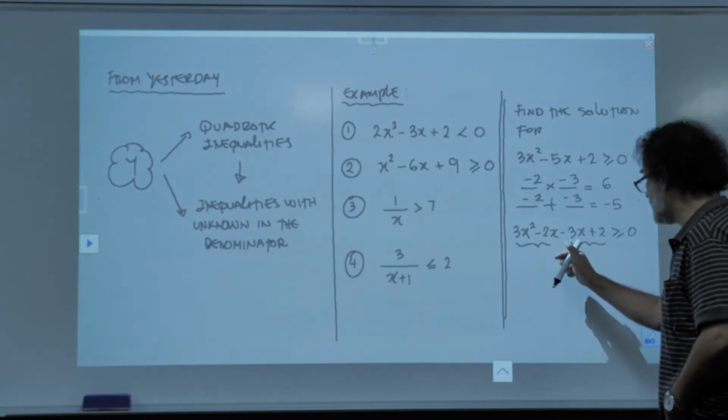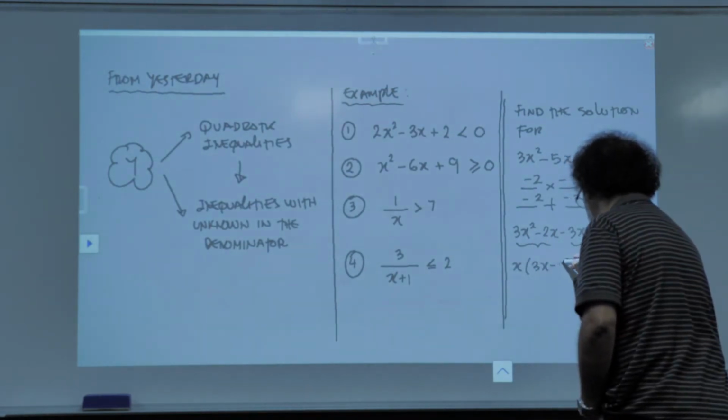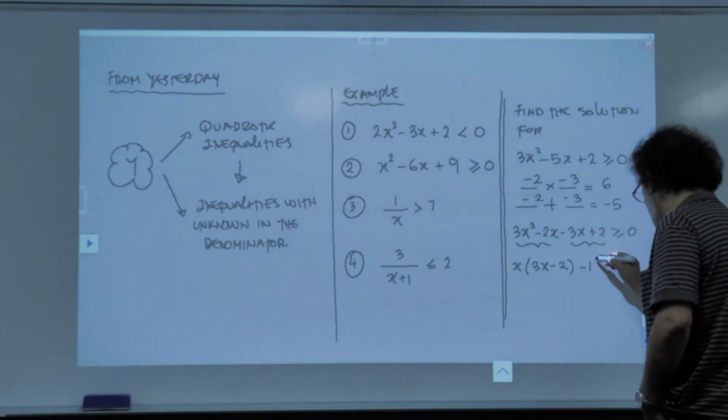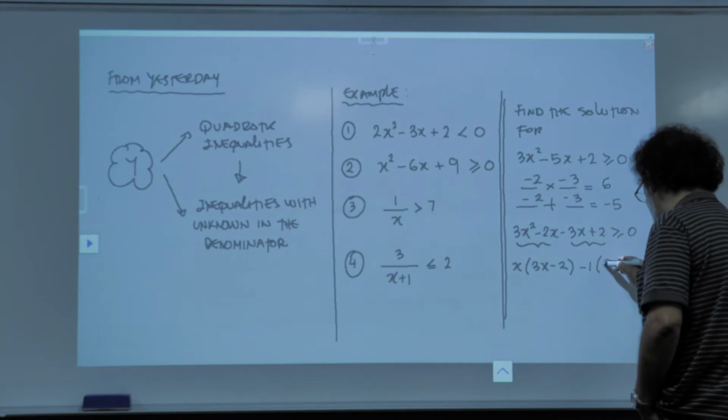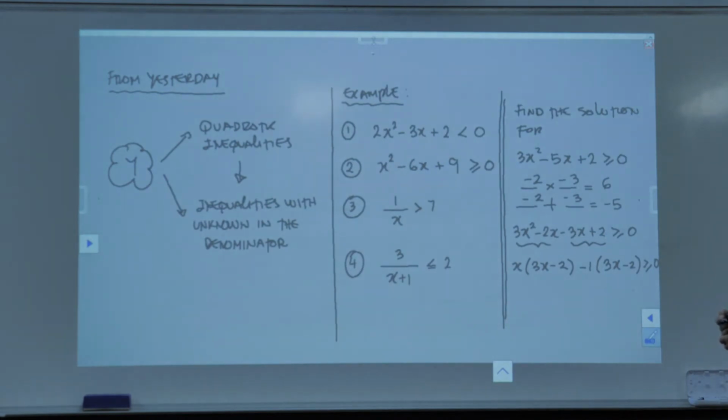From here, we're going to have x as a factor of 3x minus 2. And in here, you're going to have minus 1 as a factor of 3x minus 2. And that is greater than or equal to 0, right?